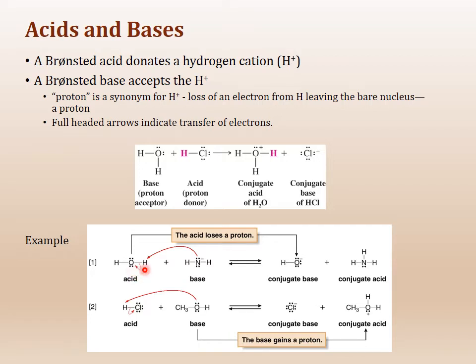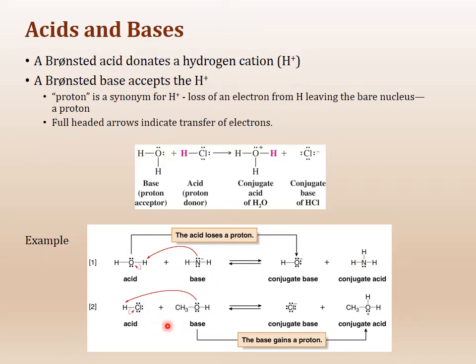Remember, proton leaves without its electrons. And so those electrons are being left on the oxygen, and that becomes then the hydroxide. Because the water, which is the acid, has lost the proton, it became the conjugate base. The base here, NH2-, gained a proton, and so it became the conjugate acid.